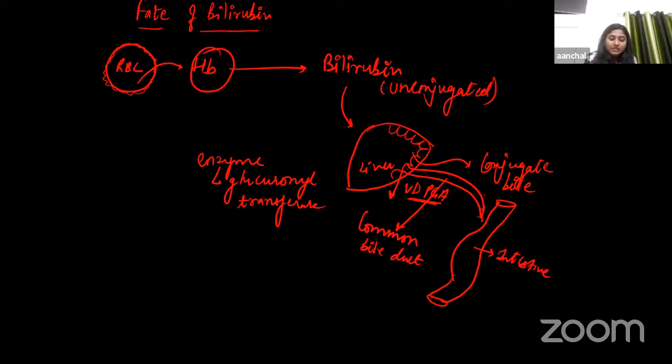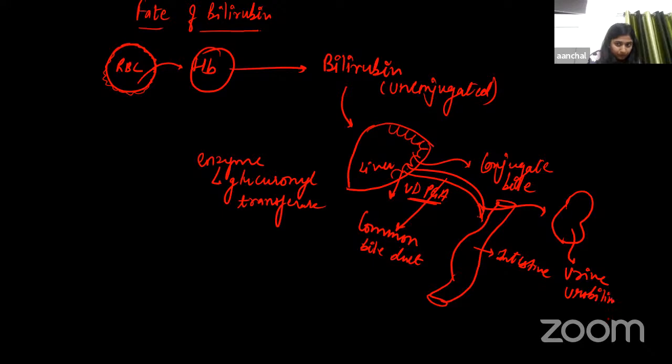Now, some of it escapes into the general circulation and is also excreted by the kidney. Okay, some of this conjugated bilirubin escapes into the circulation and is also excreted by the kidney in urine, as if this is the kidney.